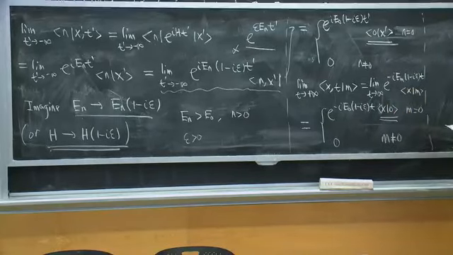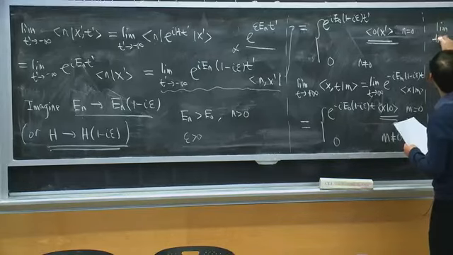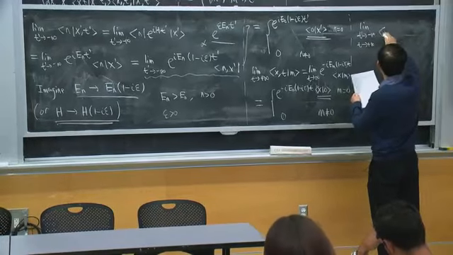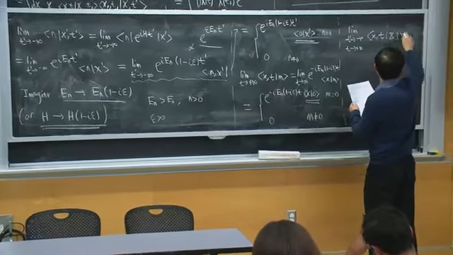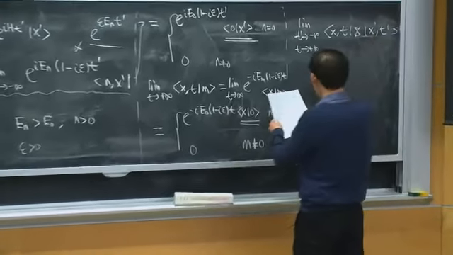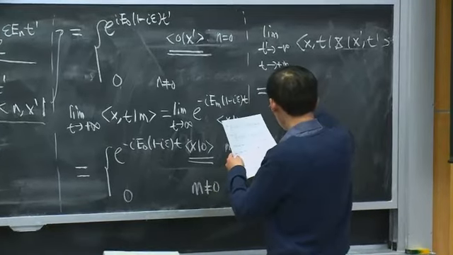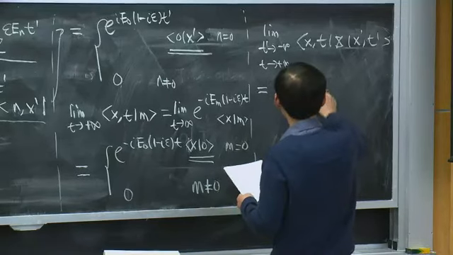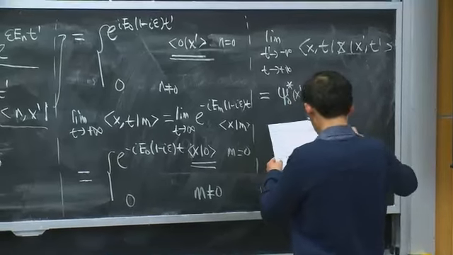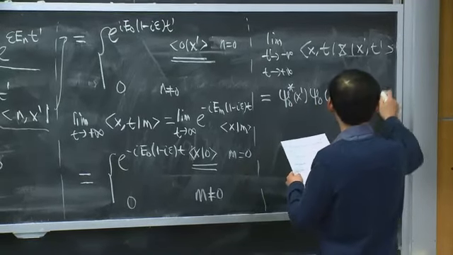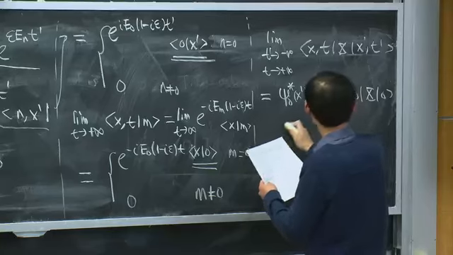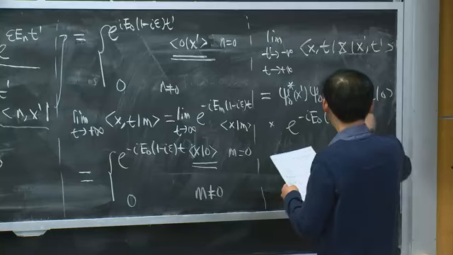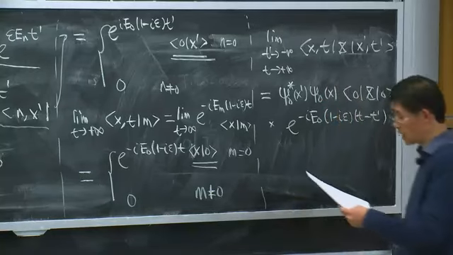So now we have the limit t' goes to minus infinity and t goes to plus infinity of <x,t|x',t'>. It is equal to the ground state wave function star at x, the ground state wave function at x', and then you have this phase factor, with everything else going to 0.